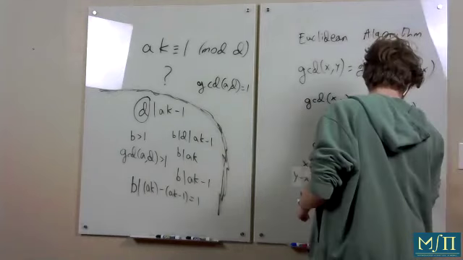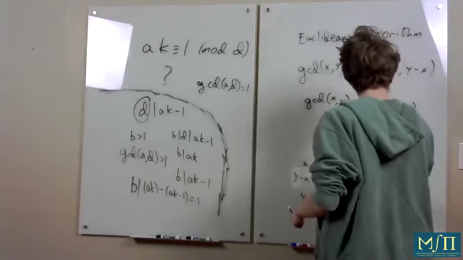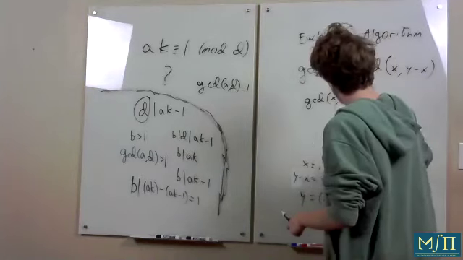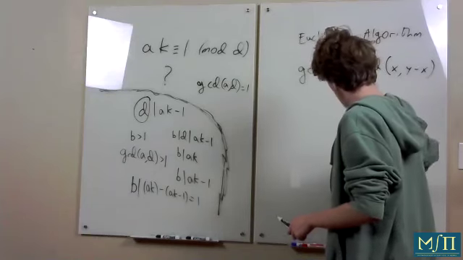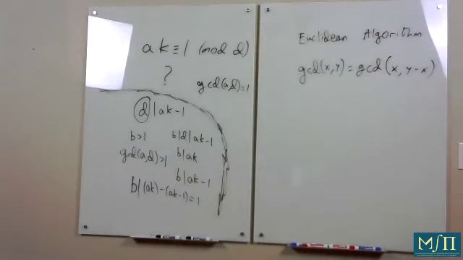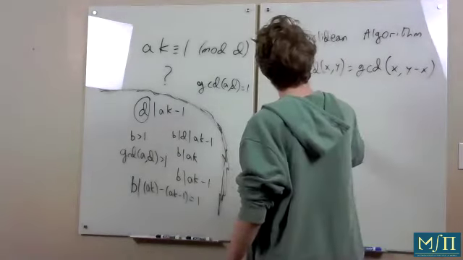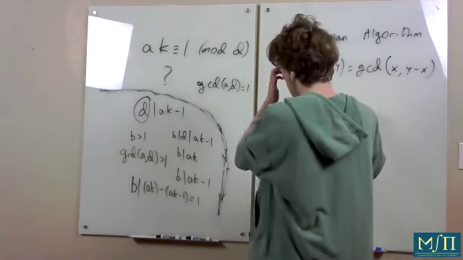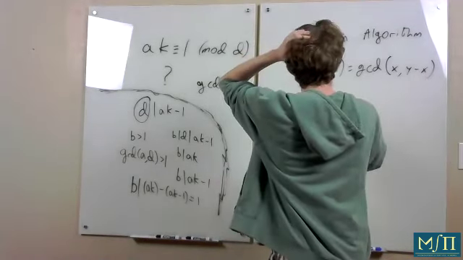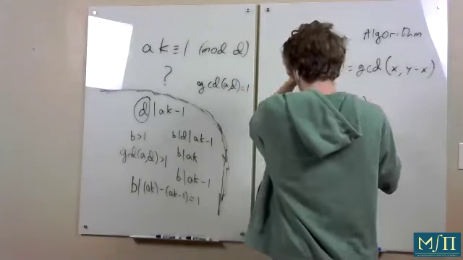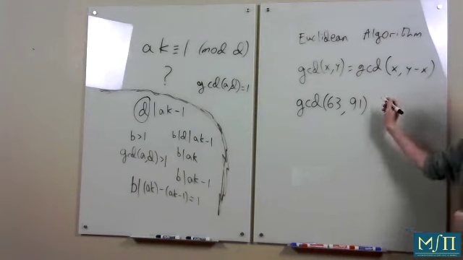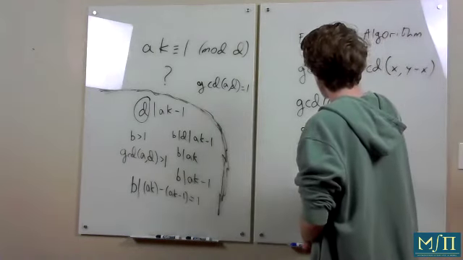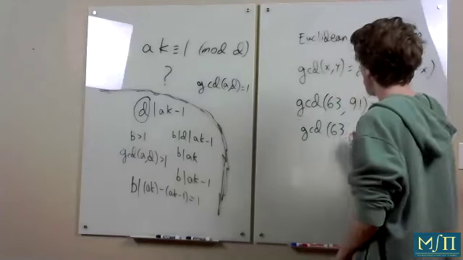And so you can use this to compute GCDs of things. In small cases, it can be easier just to do the prime factorizations. But if you wanted to compute the GCD of 63 and 91, you can say that's equal to the GCD of 63 and 28, because 91 minus 63 is 28.